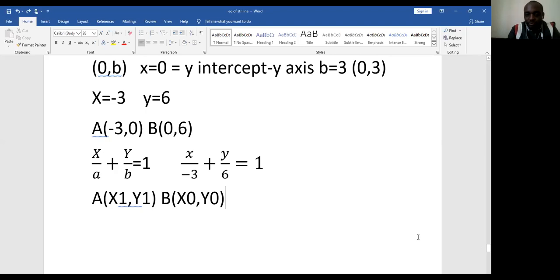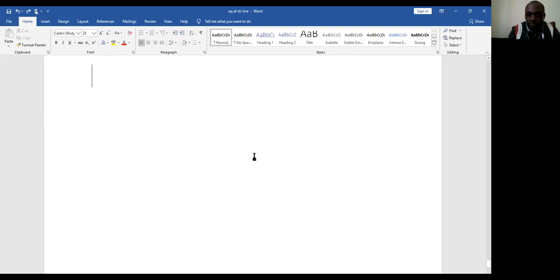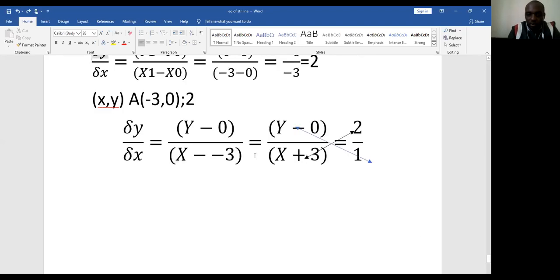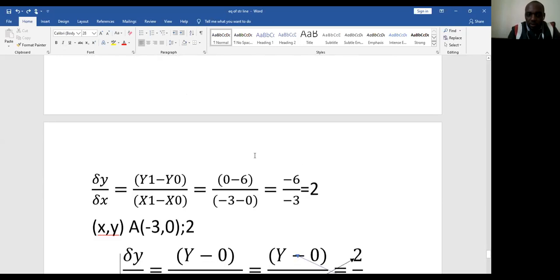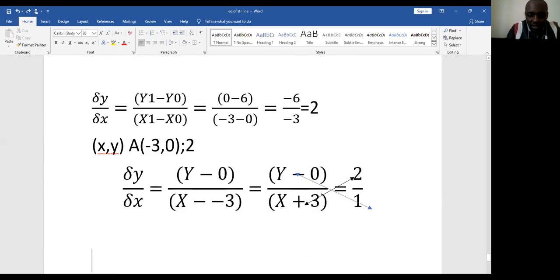So the test for perpendicular lines: M1 multiplied by M2, the answer should be equal to -1.